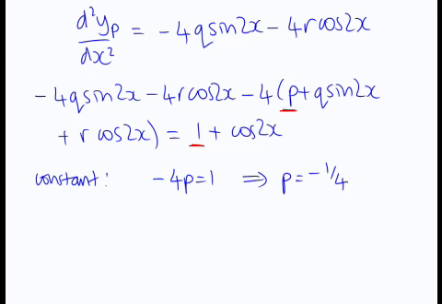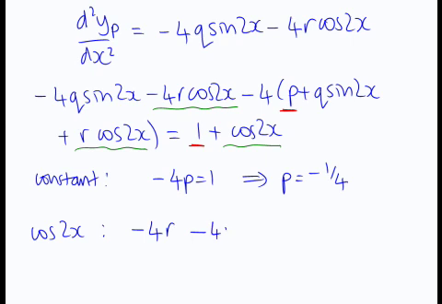If I now look at the cos 2x terms, I've got a cos 2x there, and a cos 2x there being multiplied by the minus 4 again, and I've got a cos 2x on the right-hand side. So what I get is minus 4r minus 4r again equals 1.